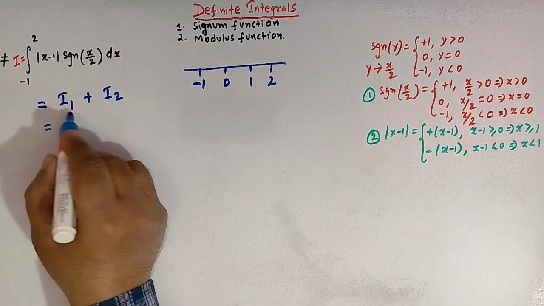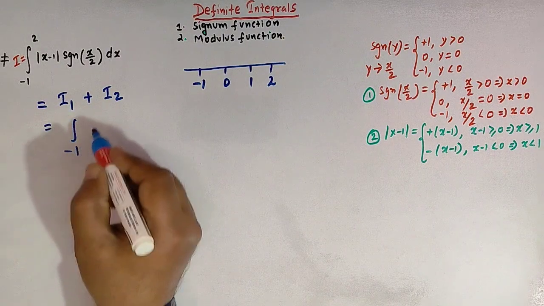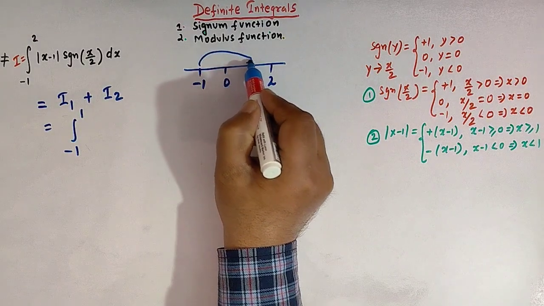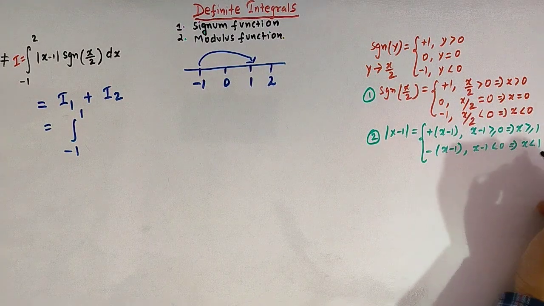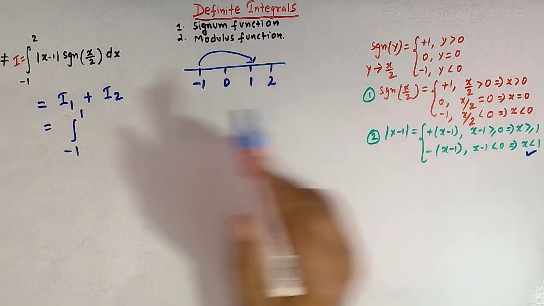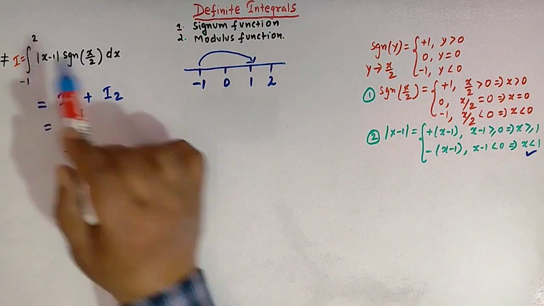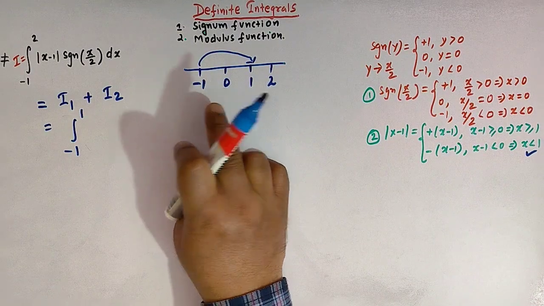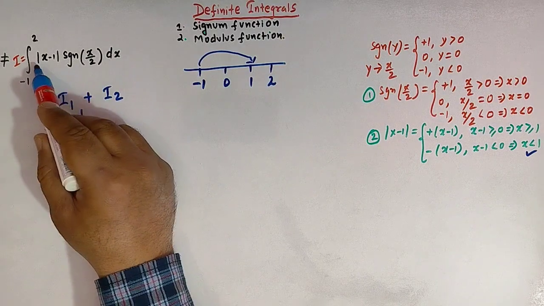Why are we writing I1 plus I2? First we'll go from minus 1 to 1, because here we have x less than 1, so first we'll take care of the mod function.